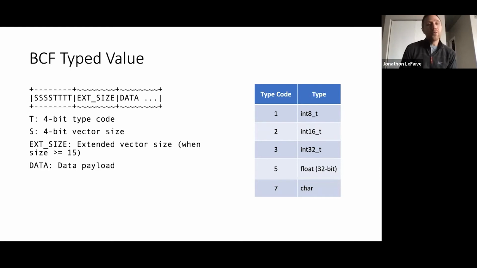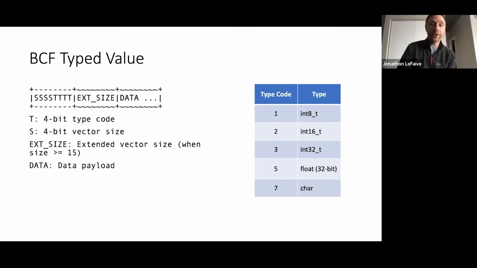So I'm going to dive into the weeds just for a moment here to give you an idea of how we extended BCF. In the original BCF specification, the data is encoded in what they call a typed value, which is basically a statically typed data vector.